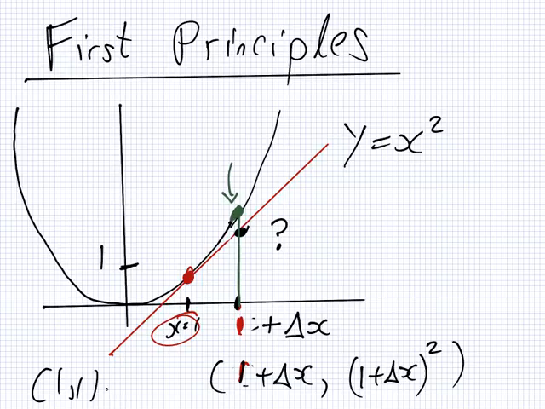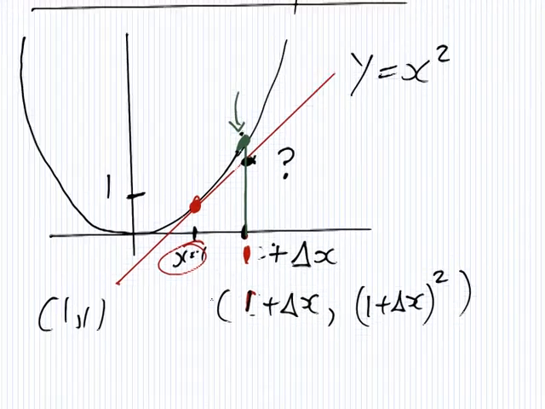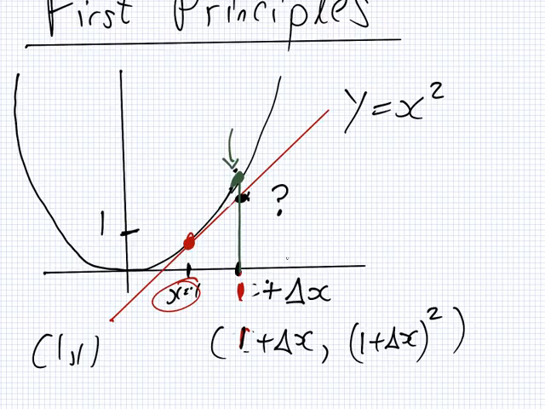So this is the first point and this is the second point. Here is 1 and here is 1 plus delta x. And the height would be 1 plus delta x squared. That's this height, not this one, but it's close, so it'll do. We really want this one on the line. So there's a small error.